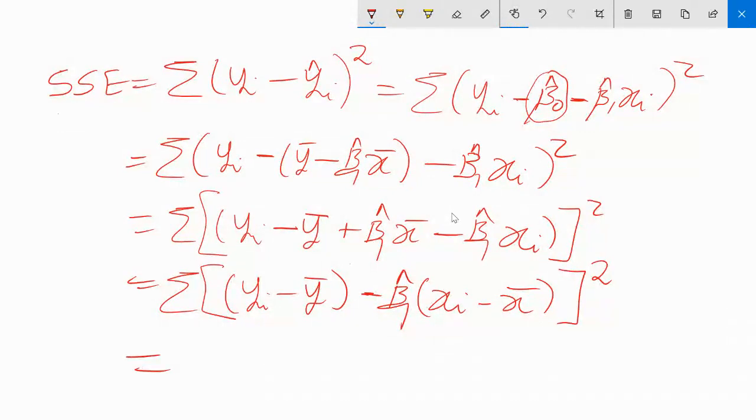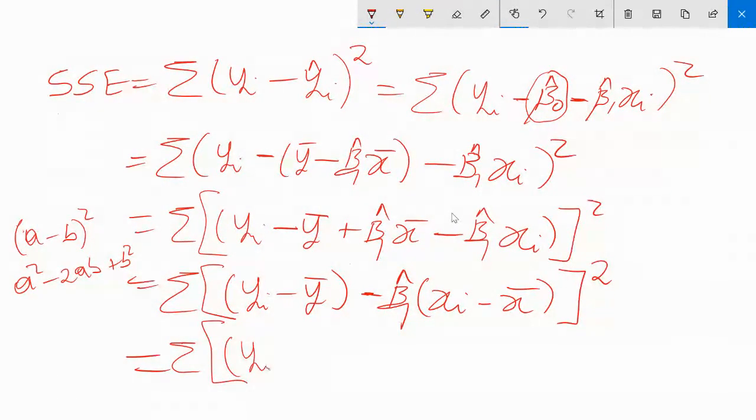Then from here, I'm going to treat this as two terms, something like a minus b all squared. And this is nothing but a squared minus 2ab plus b squared. We still have the summation outside.